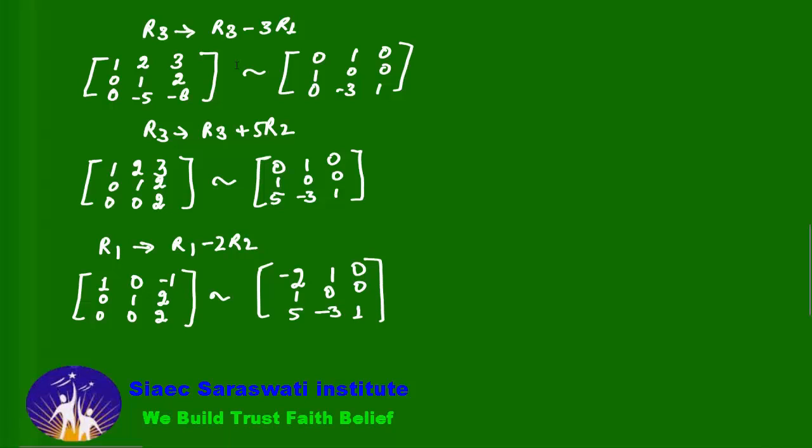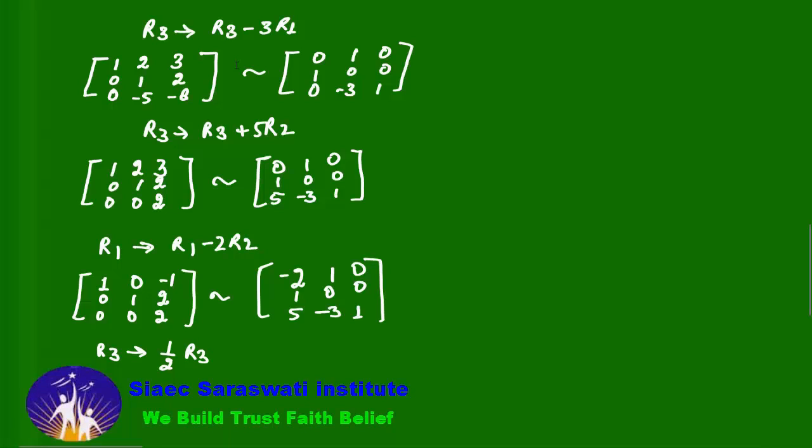Now what we apply next, that the A33 element जो है that must be 1 instead of 2. So for this we divide R3 with the element 2. So the property will be that R3 implies 1 by 2 times of R3.